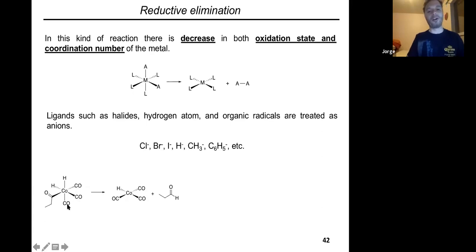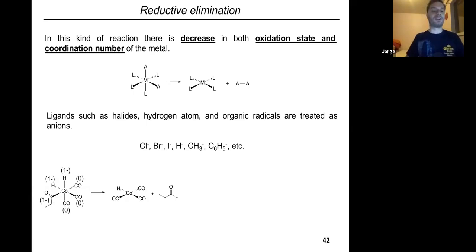Carbonyls are neutral molecules, therefore the oxidation state is 0. Hydrogen, when directly coordinated to the metal, is counted as 1-, and any sort of organic radicals, when coordinated to the metal, are considered 1- as well.